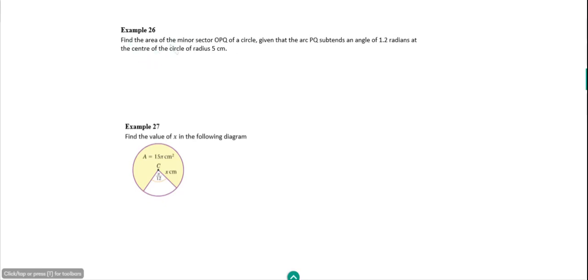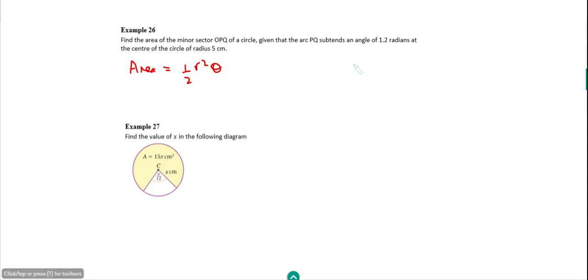We're now going to look at the area of sectors using the formula that's given. The formula for the area of a sector is the area is equal to half r squared theta. I'm just going to talk a little bit about where that comes from.